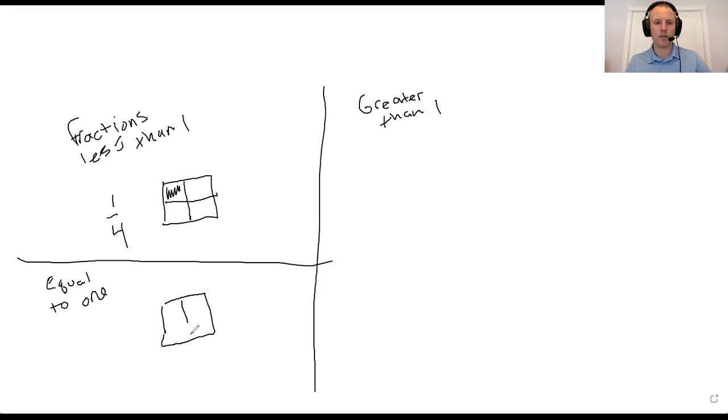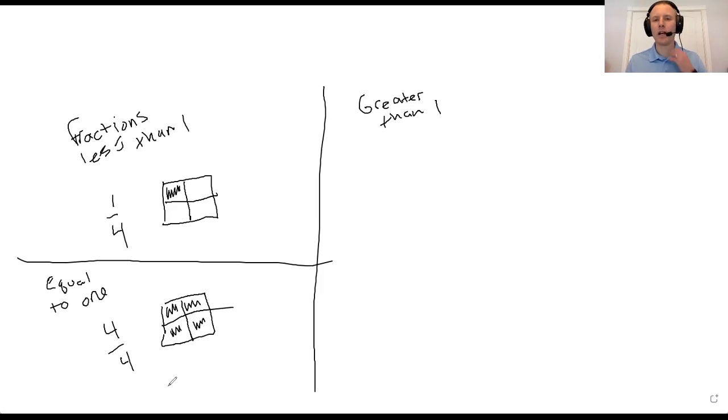All right, so I have that, and pretend that line's not there. I eat that piece, I eat that piece, I eat that piece, and then finally I eat this piece, and I've eaten 4 out of 4 pieces. I ate 4/4. I ate the whole candy bar.